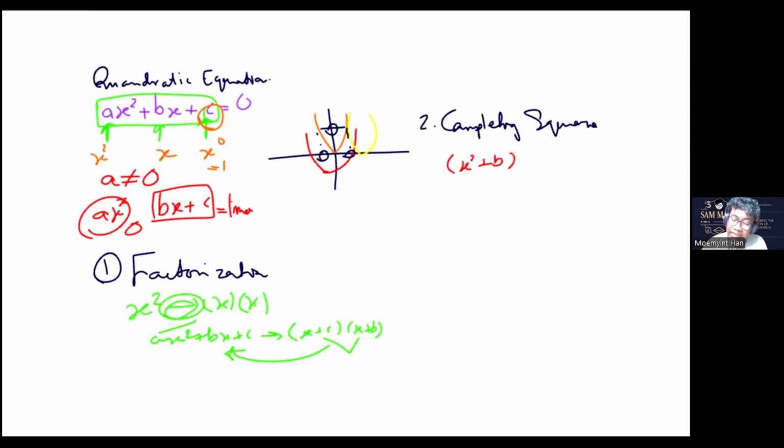Some equations tend to exist in this form, and in the method of completing the square, we turn ax squared plus bx plus c into this form. We might add and subtract something and calculate it. So completing the square is also a method.